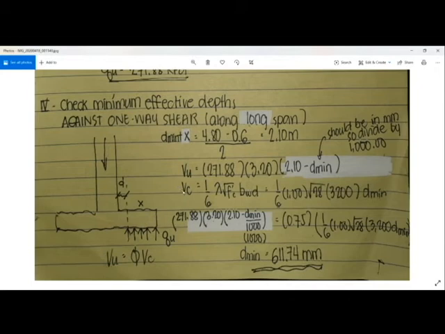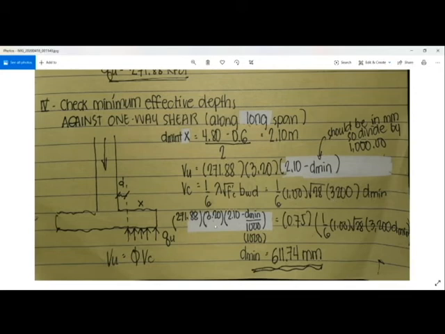Next, our VC from the code formula is 1/6 lambda square root of f prime c bw d. Our bw, facing the 4.8, means the dimension we don't see is 3.2, the other dimension. So it is 1/6 multiplied by 1, since lambda is also equal to 1, times the square root of f prime c, 28, times 3,200 times d min.